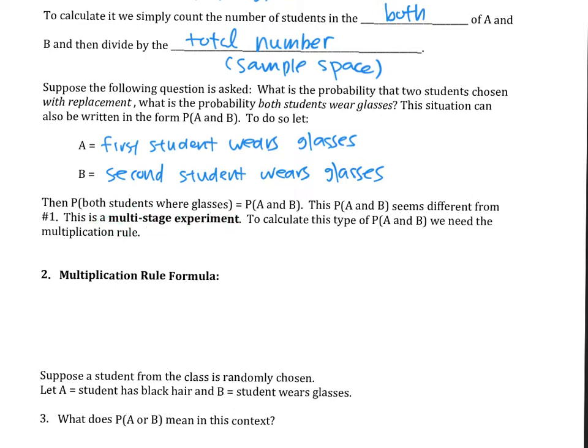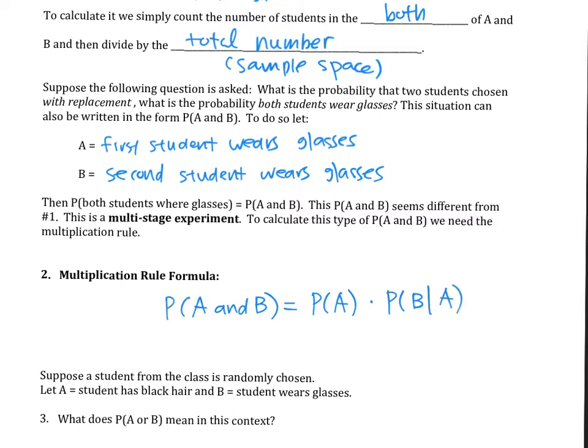So in that case, we have a formula to calculate the probability of first person being a certain way and then second person being a certain way. So this is done: probability of A and B is equal to probability of A, so that's the first person, times probability of B given the first person.